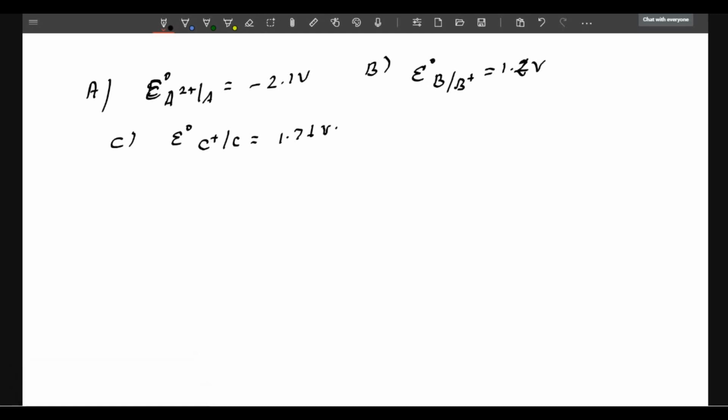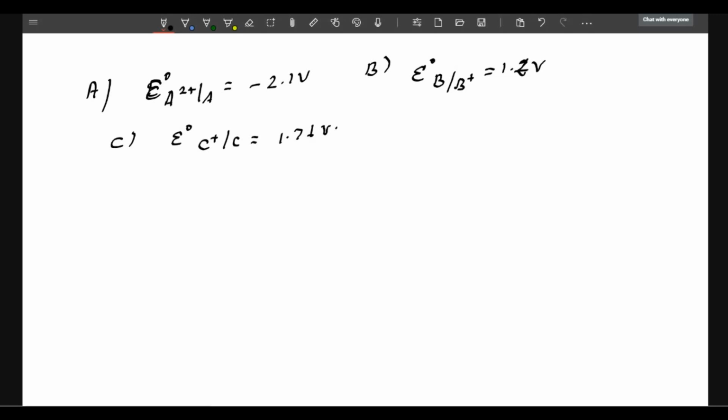Option A: A oxidizes B and C. Option B: C displaces B from its salt solution.